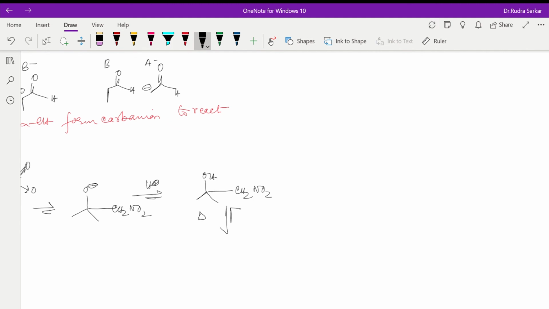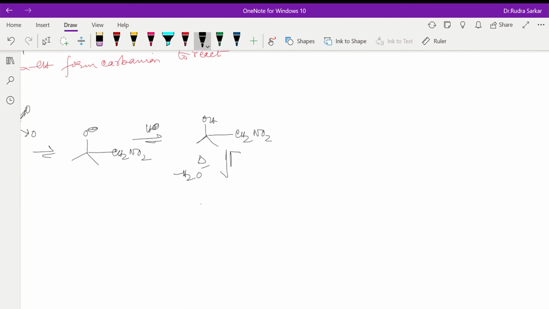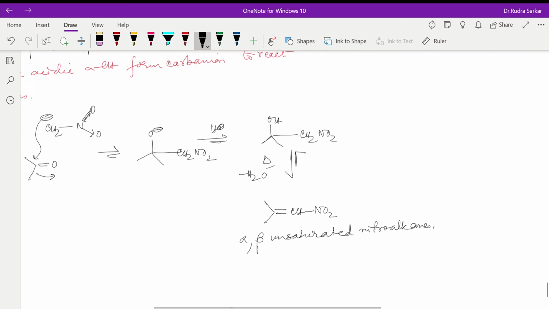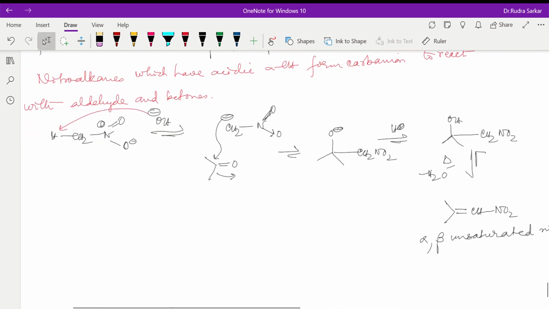Under heating conditions, it will undergo elimination of water to form alpha beta unsaturated nitroalkenes. Okay. Next.